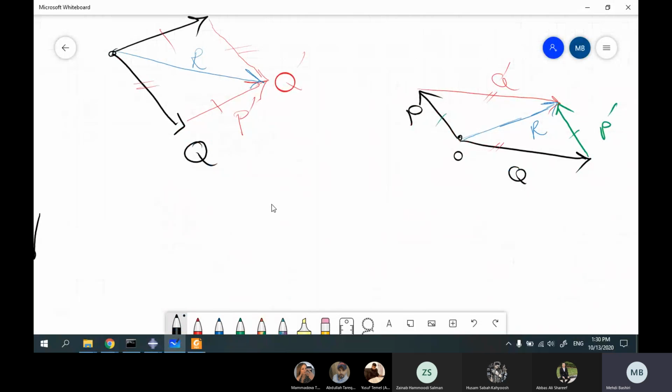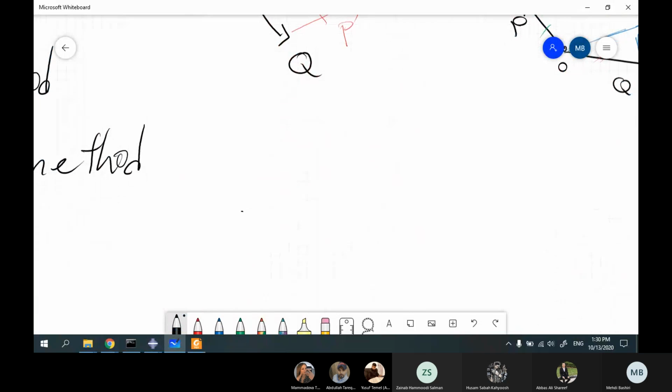The second method is the triangle method.